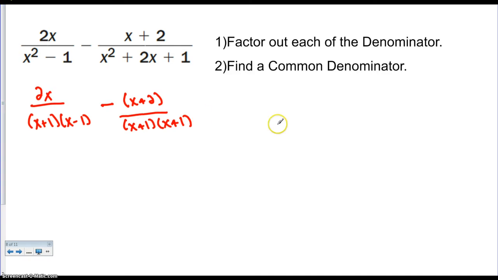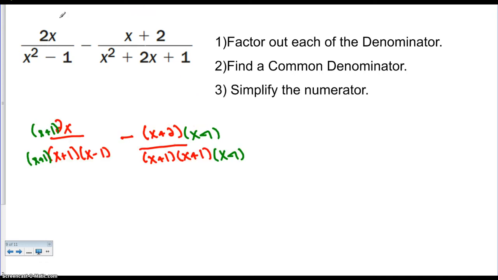So step 2 is to find a common denominator. Now this has one (x plus 1), this has two of them, so I'm going to have to give this an (x plus 1). Okay, and this has an (x minus 1), so I'm going to have to give this an (x minus 1). Okay, so now we want to simplify the numerator.